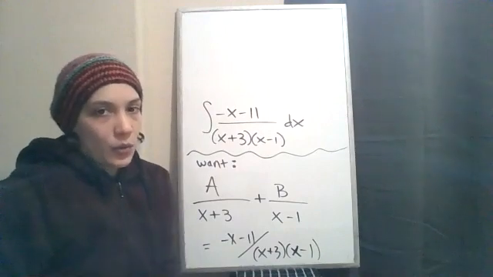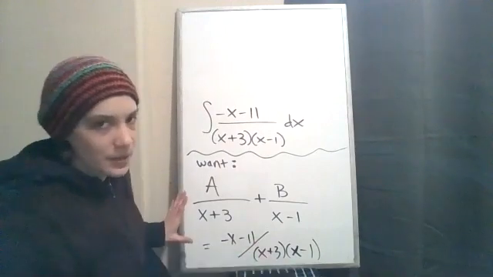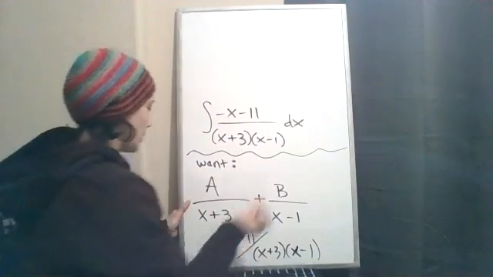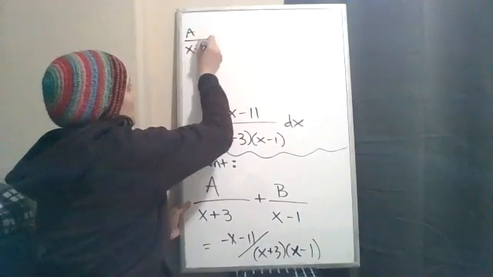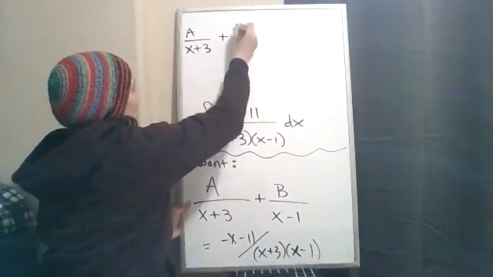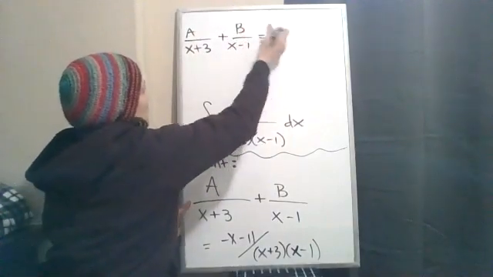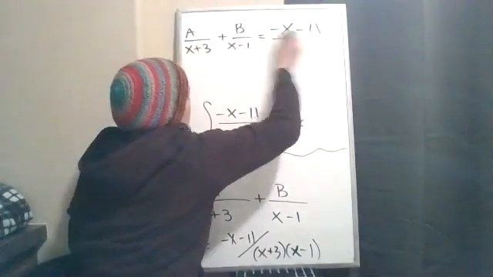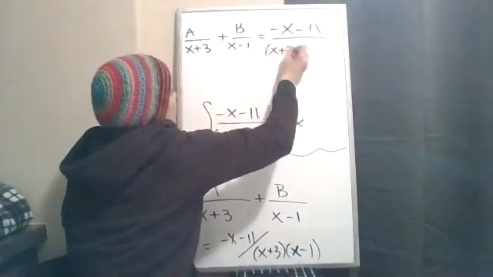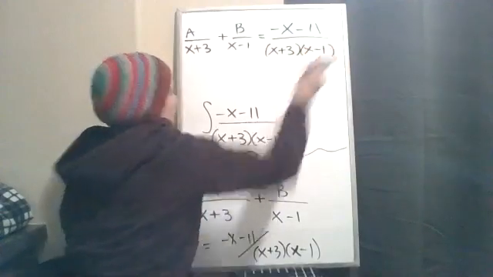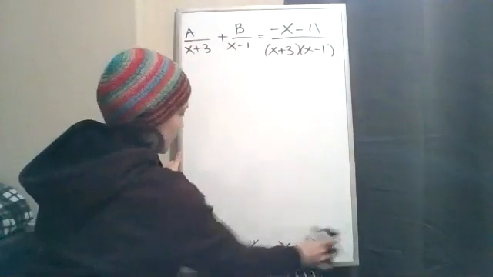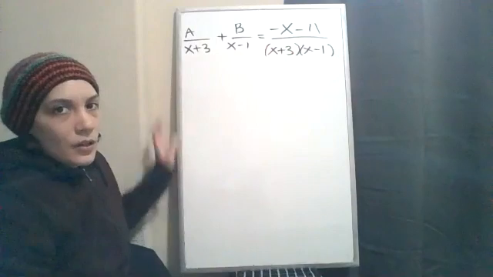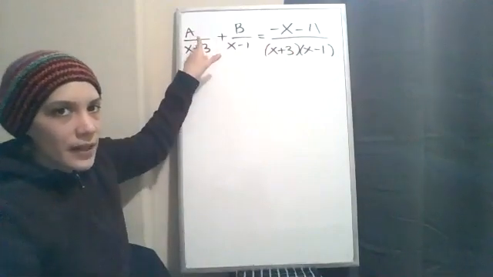Okay, so right now I'm just going to rewrite this actually. A over x plus 3 added to b over x minus 1 equals negative x minus 11. We're trying to solve for those values, a and b.